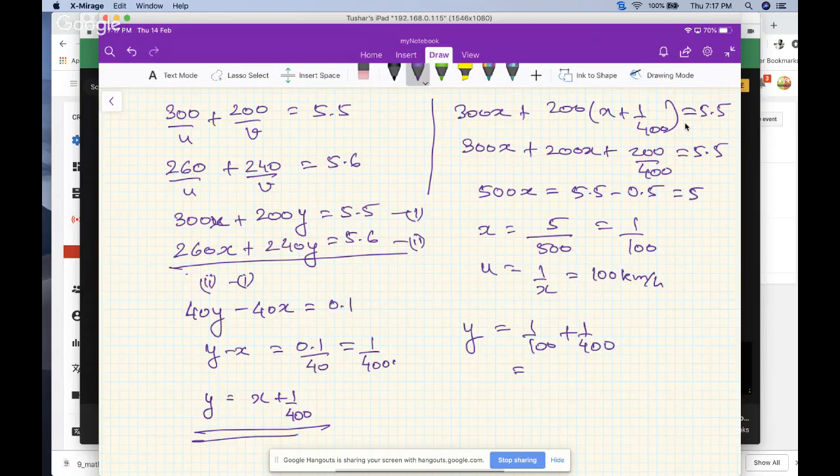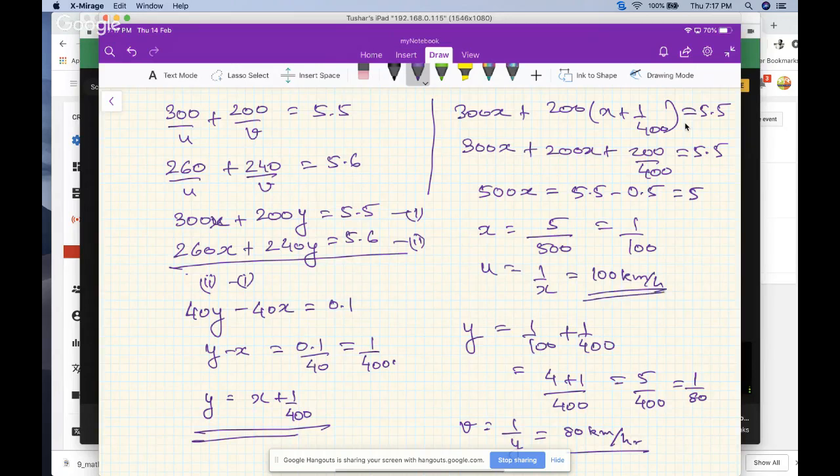So hence you will get 4 plus 1 by 400, isn't it? Which is nothing but 5 by 400, which is nothing but 1 upon 80. So what is v? V is 1 upon y, which is equal to 80 kilometers per hour.